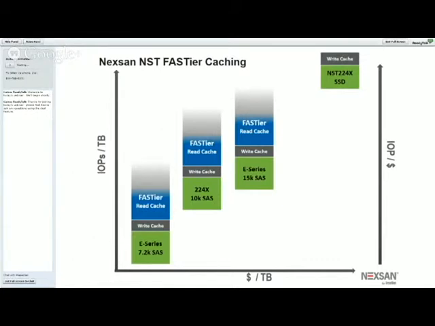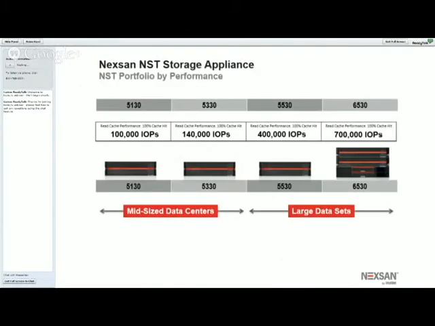Again, I don't do the pricing, but we all know that SSD-based systems are going to be the most expensive. If I use all nearline SAS or SATA drives, it's going to be the least expensive in terms of storage. So depending on what I'm going to do and how I divvy it out and how much cache I put in, it's going to control the amount of IOs I can get as well as the cost.